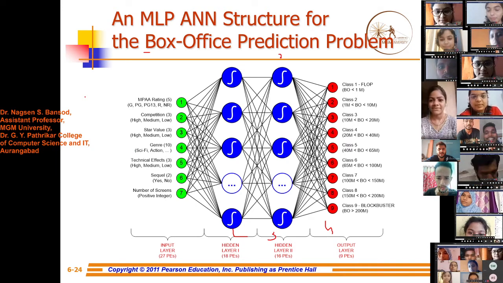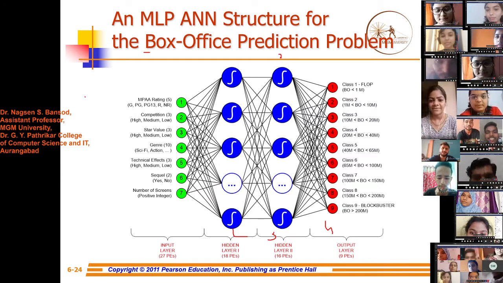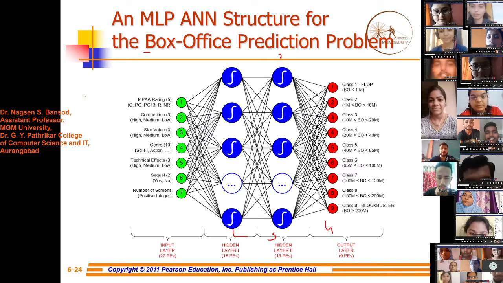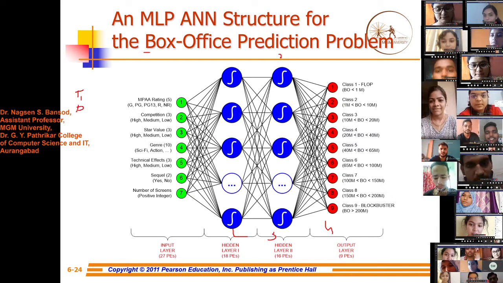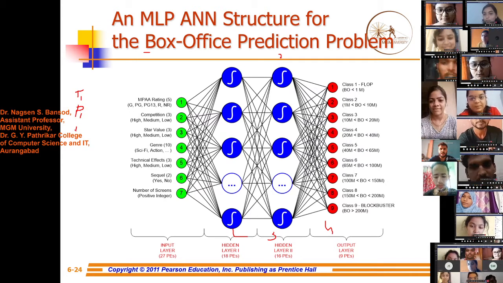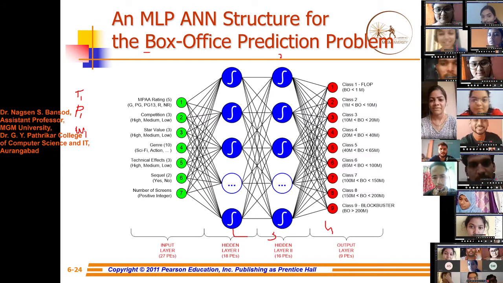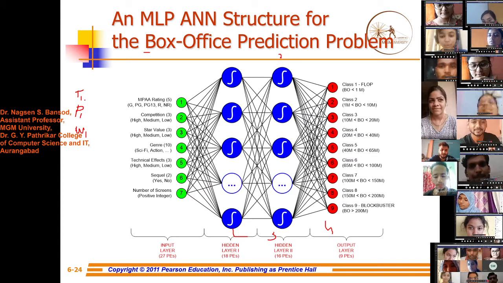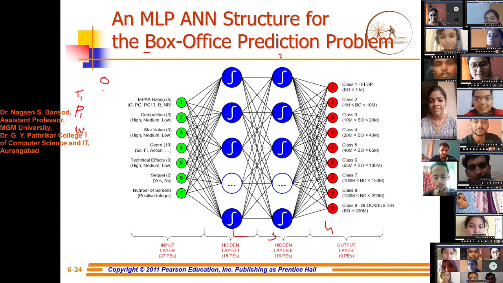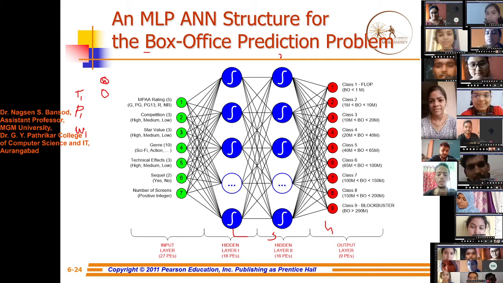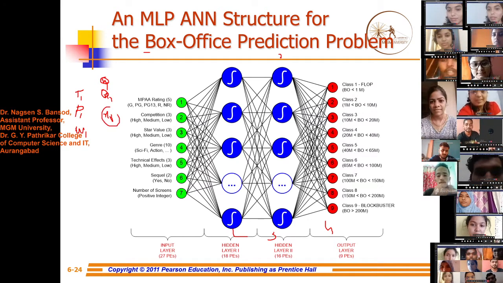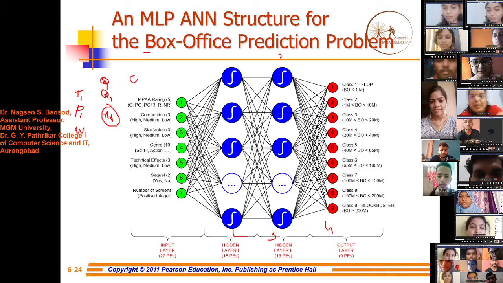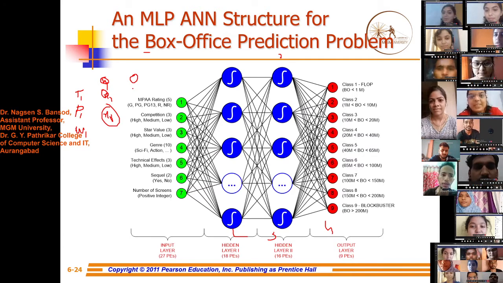Now suppose we want to forecast the weather, means today's temperature. We want to calculate today's temperature. Then we have temperature value, precipitation value, and suppose wind speed value. There are 3 inputs. Then we will select x1, x2, and x3 as inputs, and suppose only one hidden layer is used.